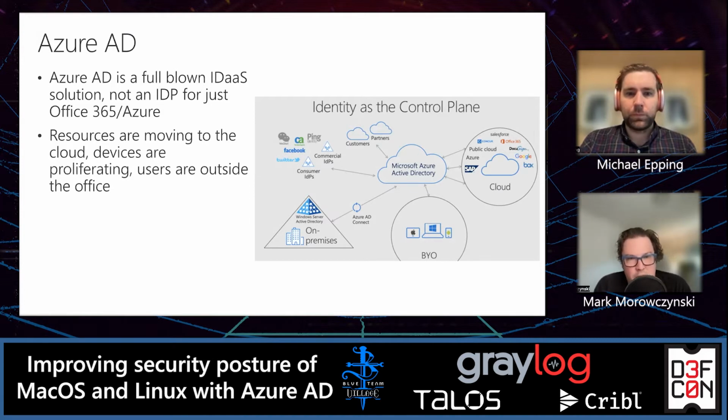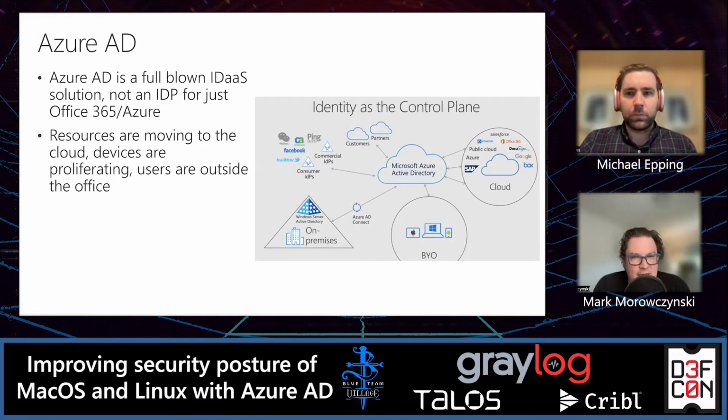They did most of their work in the office, but they wanted to be able to work from home or from the coffee shop, and the resources they were accessing are no longer just going to be on the on-prem network. They're probably using things like cloud services and SaaS apps. And the devices that they're using, most of their work is probably done from their corporate device, but they want to be able to do things from their personal phone, from their iPad, things of that nature.